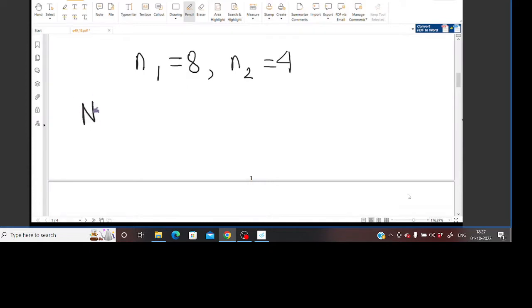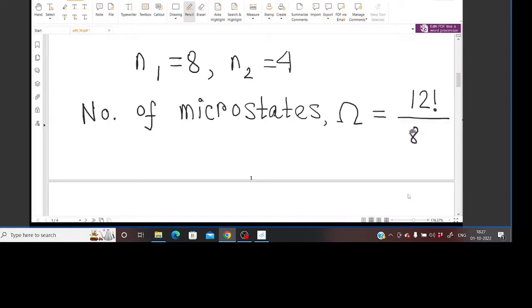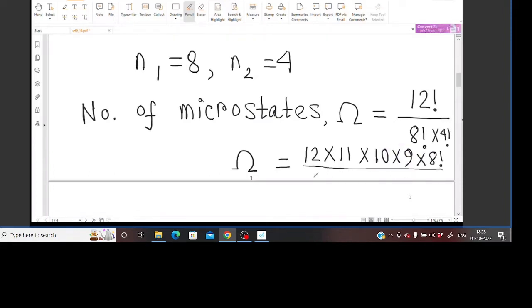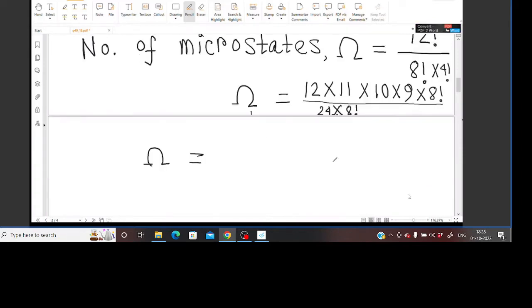So the number of microstates of this ensemble is equal to 12 factorial by 8 factorial into 4 factorial. Now this 12 factorial can be written as 12 into 11 into 10 into 9 into 8 factorial, and the value of 4 factorial is 24. After some simplification, we find that the total number of microstates is equal to 495.